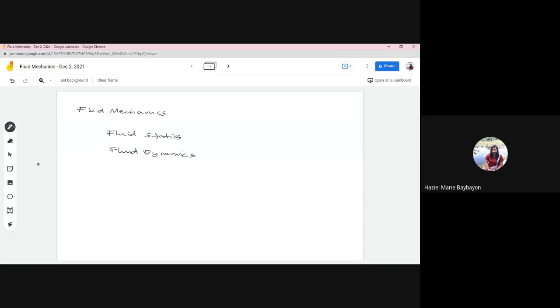Fluid statics deals with fluids at rest, or shall we say fluids in equilibrium. And fluid dynamics deals with fluids in motion.